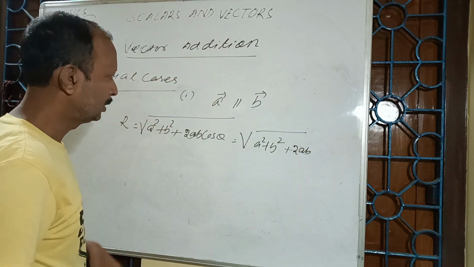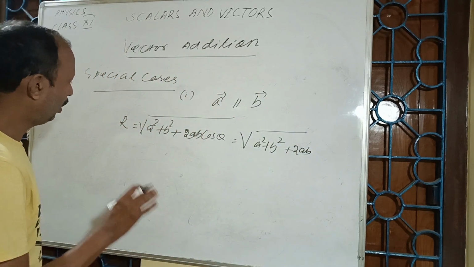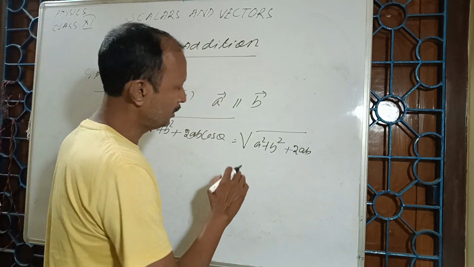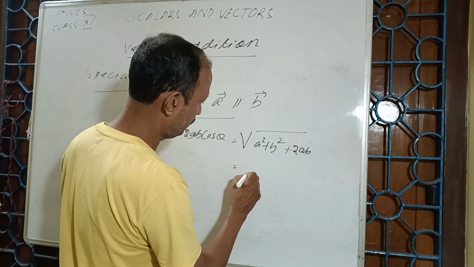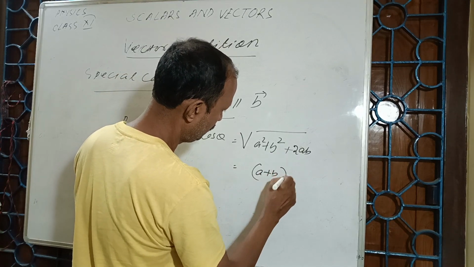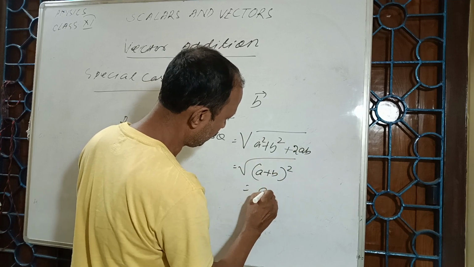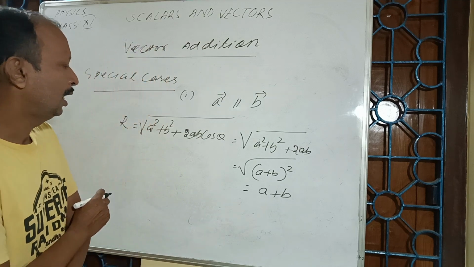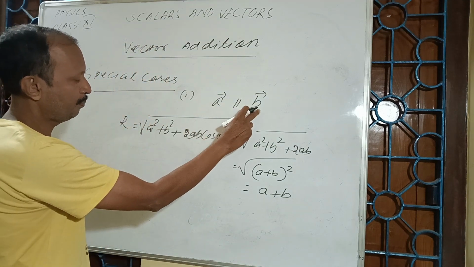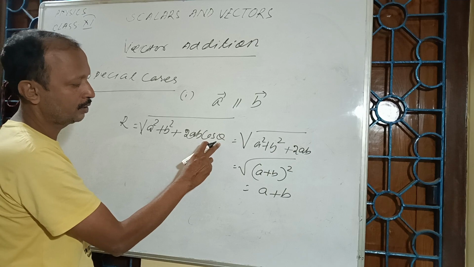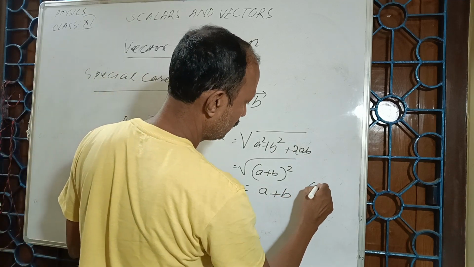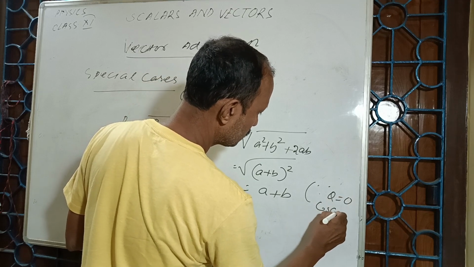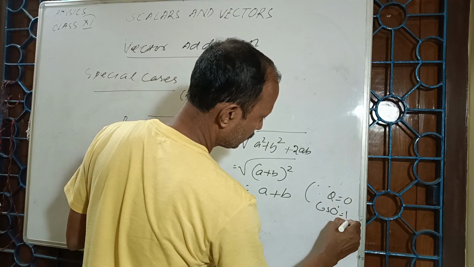Listen carefully. I shall write it. In this case, I can write R squared is equal to A plus B whole square. That means R is equal to A plus B. Listen carefully, I have taken A and B as parallel, that means theta is equal to 0, so cos 0 degree is equal to 1.